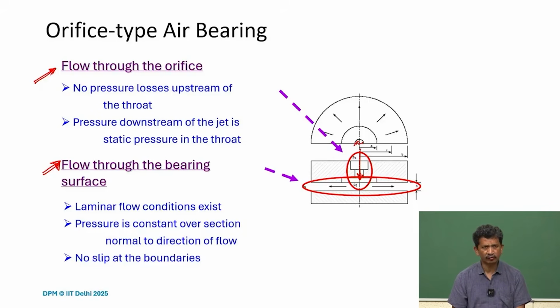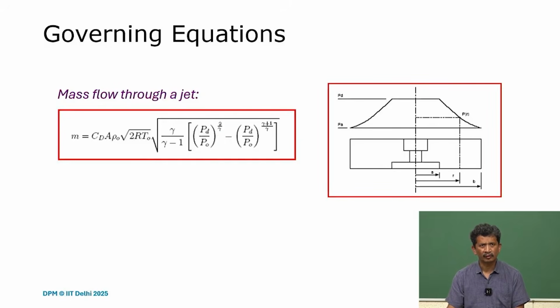Here also what we assume is that the flow is laminar and the pressure is constant over any section which is normal to the direction of flow, and there is no slip at the boundaries. So these are the basic assumptions, and we still consider laminar flow, and then we do the analysis. Accordingly, we will also try to derive and find.